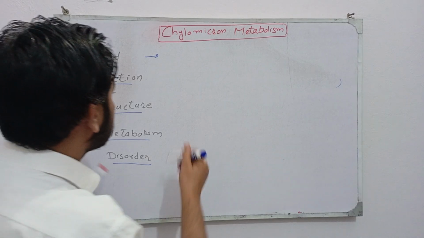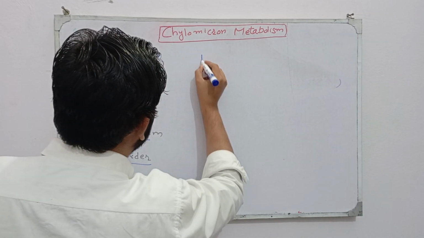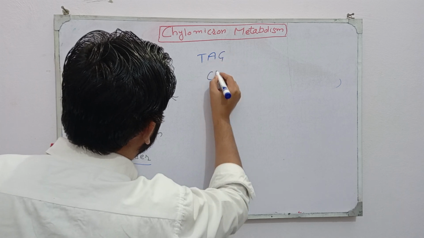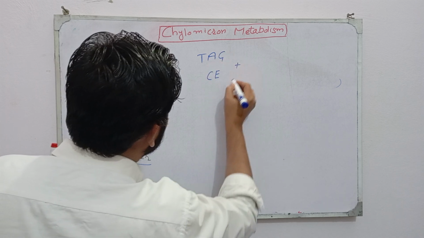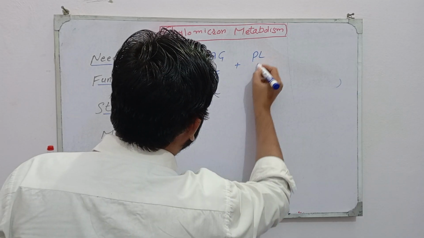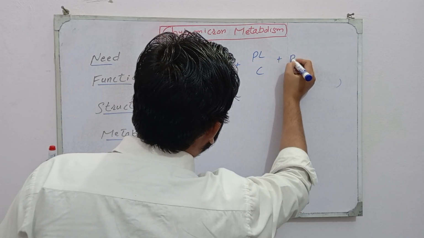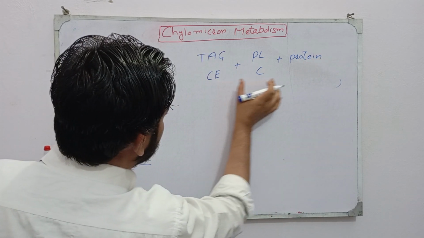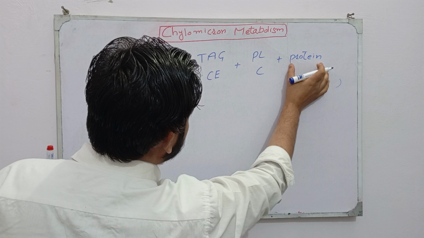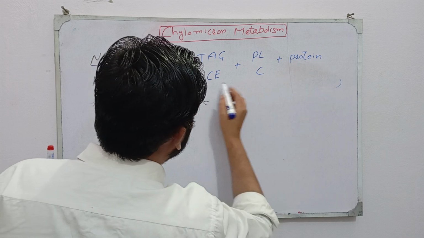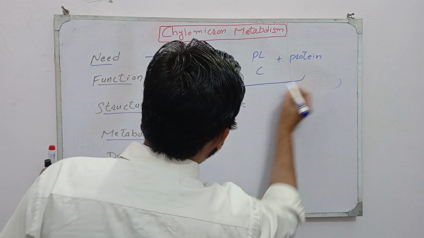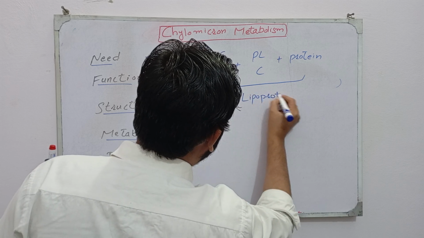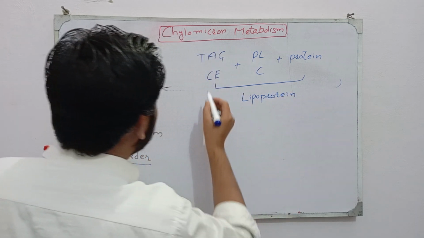Let's see. Triacylglycerol, cholesterol ester, phospholipid, cholesterol, and protein. These lipids form a complex by attaching themselves with a protein and they form lipoprotein.